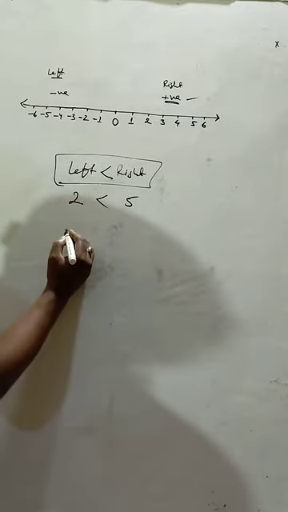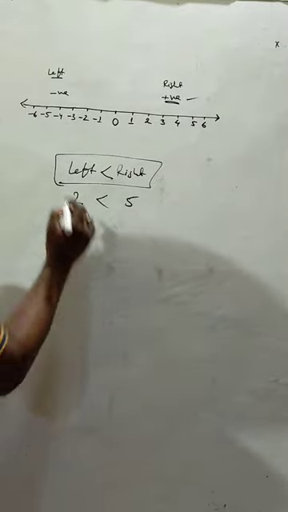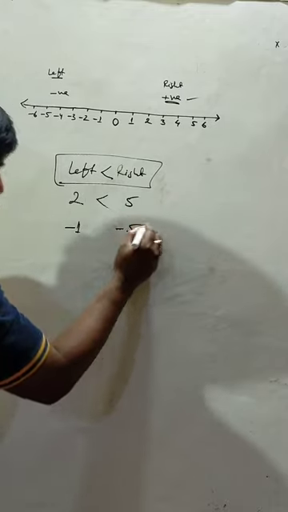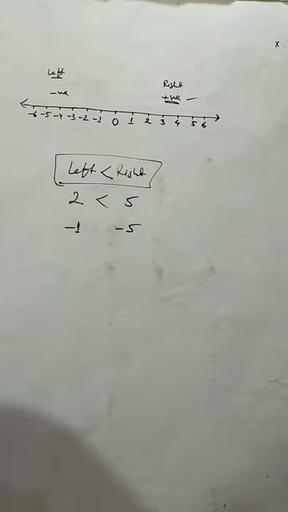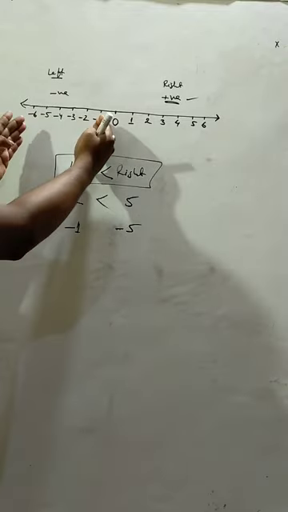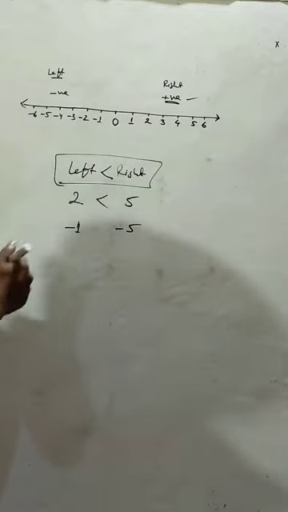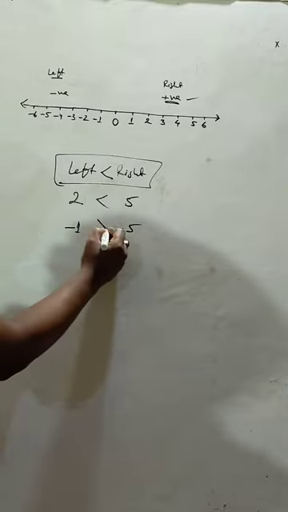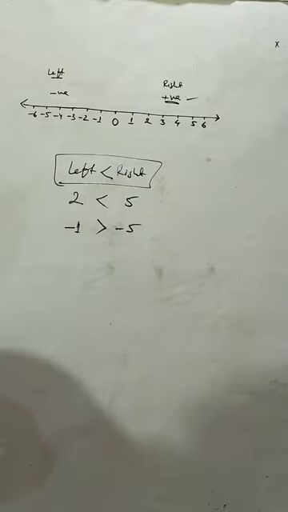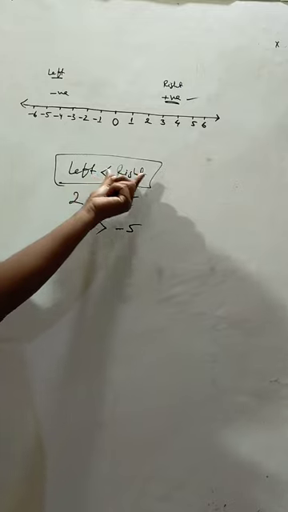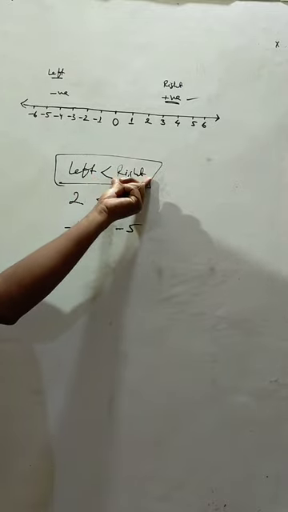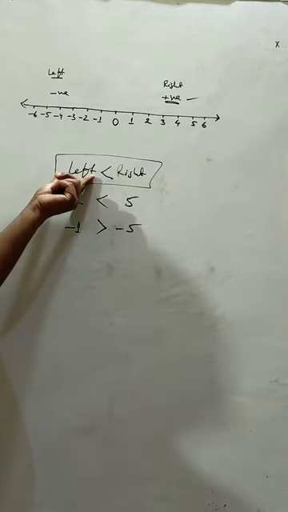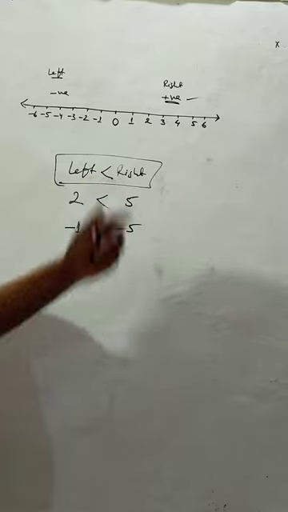Similarly, -1 and -5. -1 is here, -5 is here. So -1 is on the right side, -5 is on the left side. Therefore, -1 is greater than -5. So the number on the right side is always greater than the number on the left side of the number line.